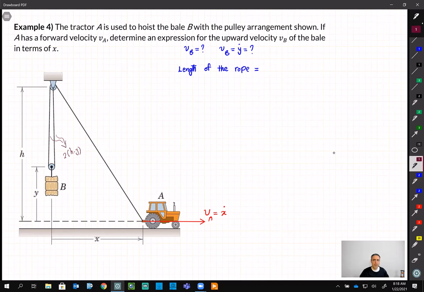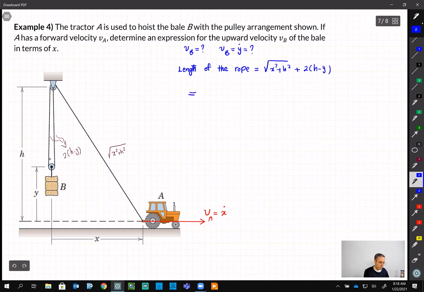Yeah, square root of x squared. Thanks, Felix. That's right. Because we know this length also. This length is, you can say, right, square root of x squared plus h squared. In this big triangle, right, we have x and we have h. So then the length of the rope, problem solved, is equal to square root of x squared plus h squared, plus 2 times h minus y.